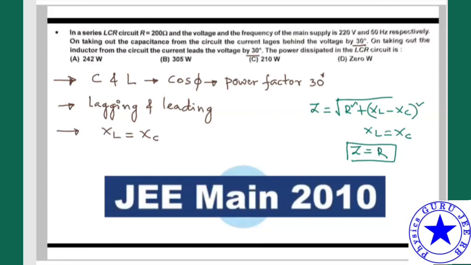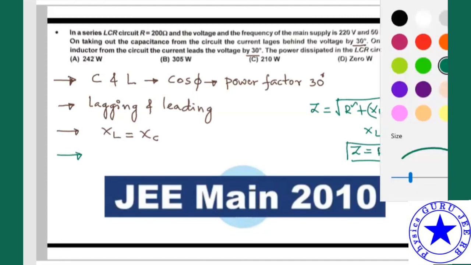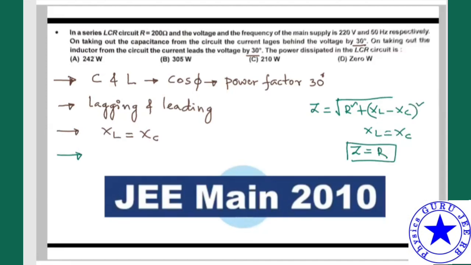In an LCR circuit at resonance, the average power dissipated can be obtained like this. The average power is E squared divided by R. E is 220 volts, so 220 squared divided by R, where resistance is 200.